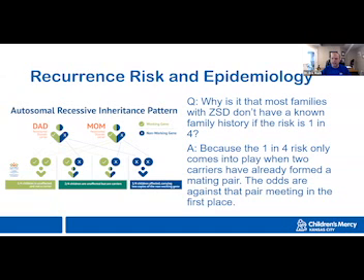Because a lot of times, if you have a condition that has an incidence of 1 in 100,000, so pretty rare, you think, well, what is the carrier rate for something like that? As it turns out, the carrier rate's about 1 in 150. And so that's actually a lot less rare than 1 in 100,000, but it's still more rare than the 1 in 4 risk for people who are already together.